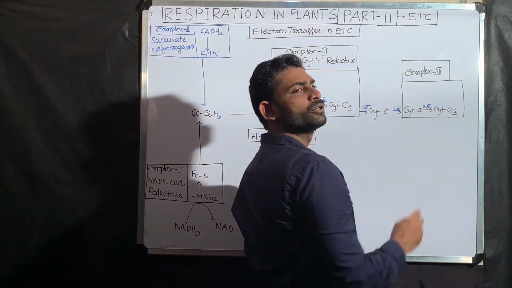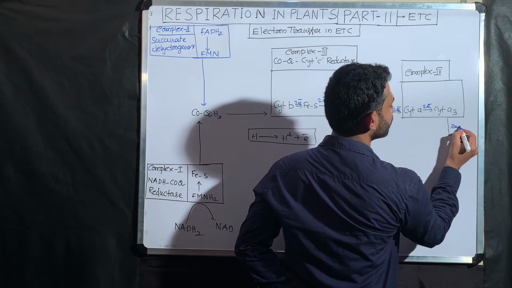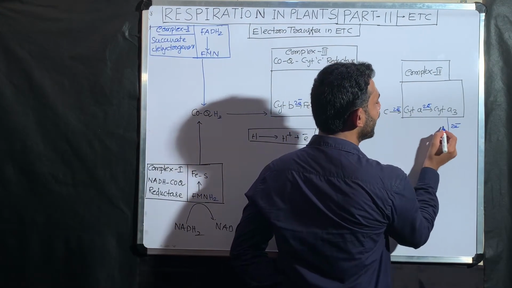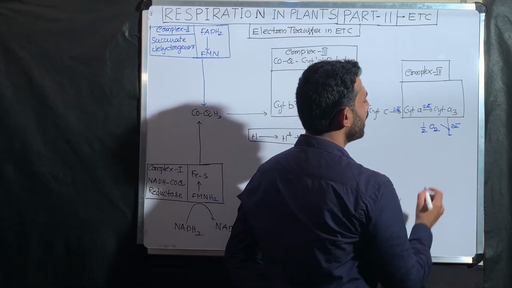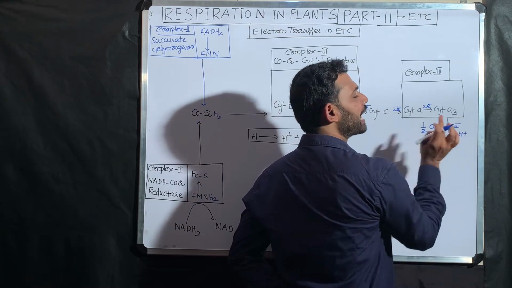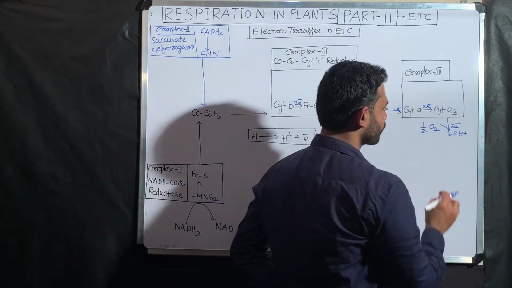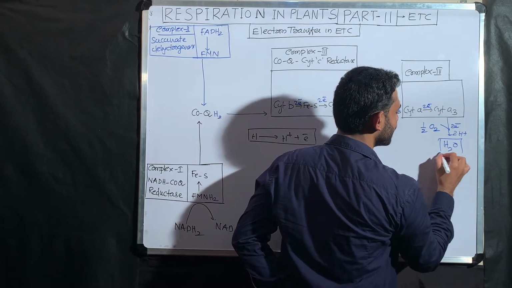Finally, from the cytochrome A3, those 2 electrons are accepted by the oxygen. Now, along with 2 protons, oxygen accepting the 2 electrons undergoes reduction, resulting in the formation of water.